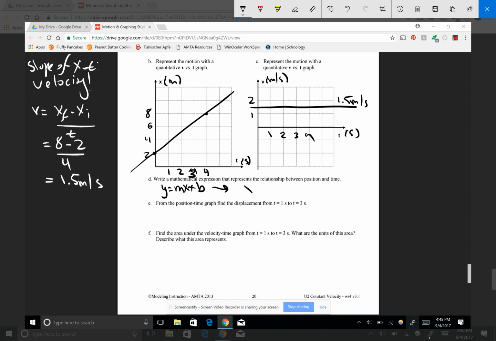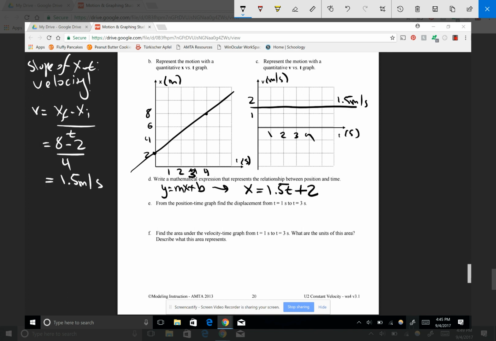So we're going to say x equals our slope, which we already figured as 1.5, times t plus our y-intercept, which is 2. Cool. So that's how we could, oh my gosh, did I actually write the x? That's hilarious. All right, I'm going to erase that. It's supposed to be time. x equals 1.5t plus 2.